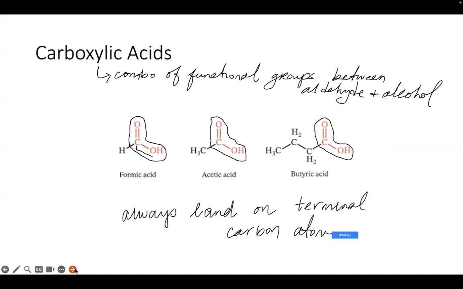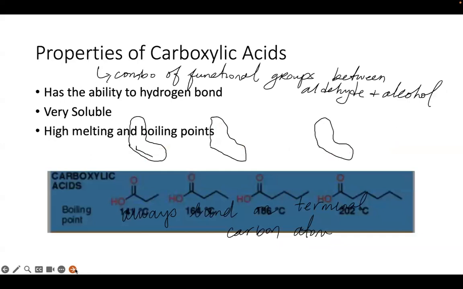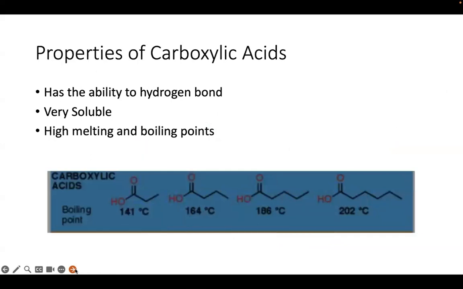All right. So let's talk a little bit about the properties. A carboxylic acid has the ability to hydrogen bond in lots of different places. And again, I know that this might not make a whole lot of sense to you.